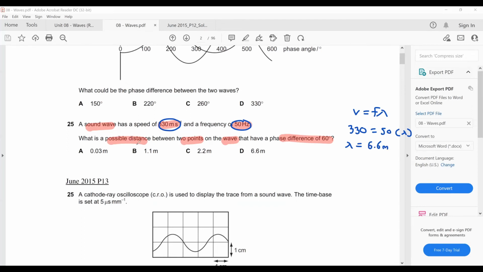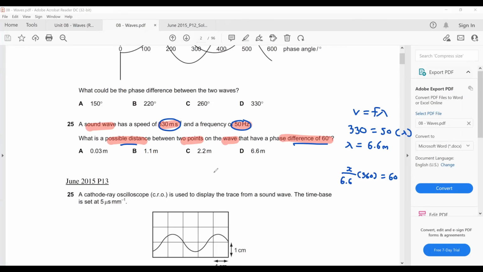So you want a possible distance that has a phase difference of 60 degrees. It could be something like this: x over 6.6 times 360, giving you 60 degrees.